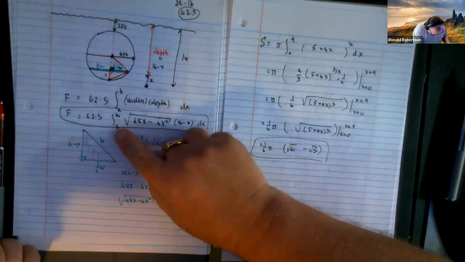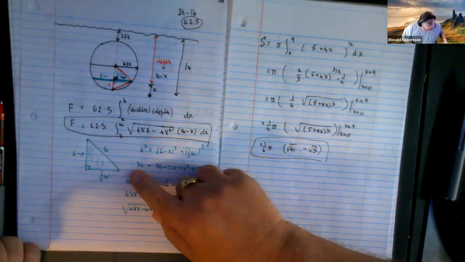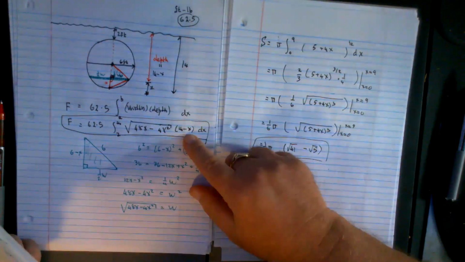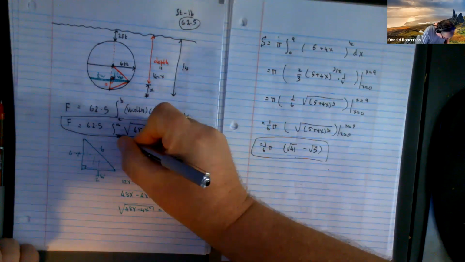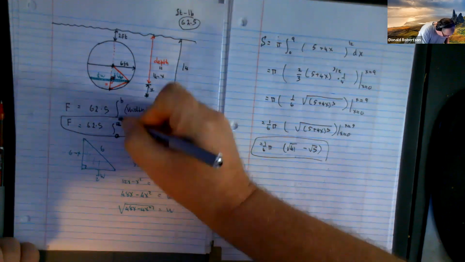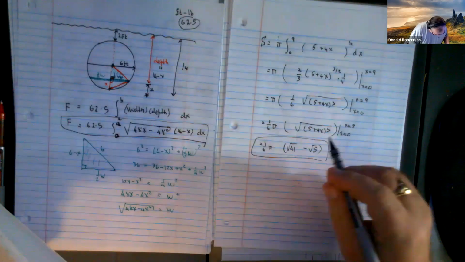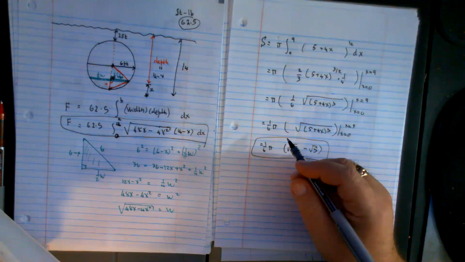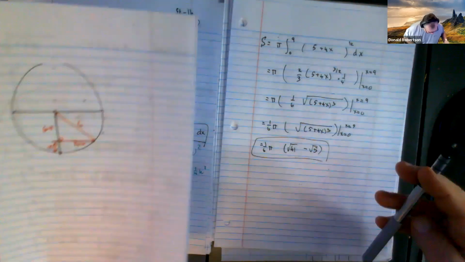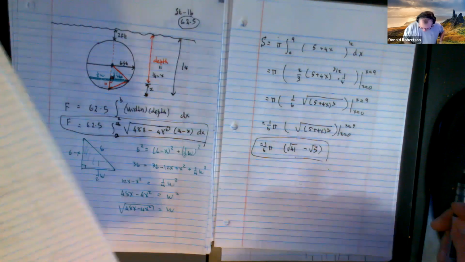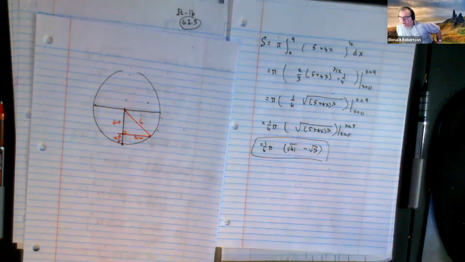So I could probably do it from 0 to 12. You might end up with the same answer. Yeah, you could do it using the X's. And if you did it from the X's, X would be 0 at the bottom of the shape and 12 at the top. Actually, it'd be 12 to 0 because you're going from the bottom up, not the top down. But you'd figure that out anyway, because hydrostatic forces have to be positive. So if you got a negative answer, it just means the 2 integrals should be switched.